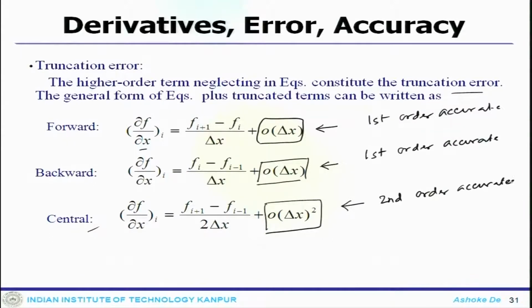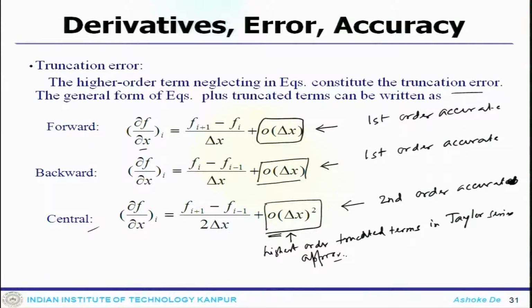As I have been mentioning, the order of accuracy primarily depends on the highest order truncated term in the Taylor series approximation.